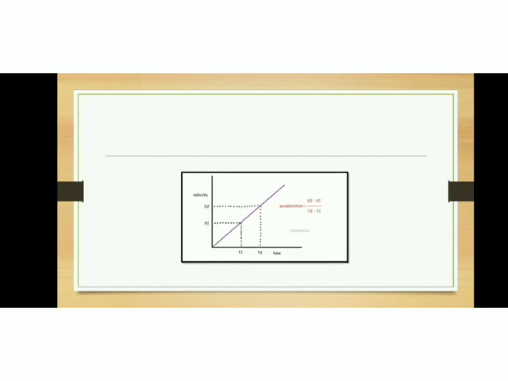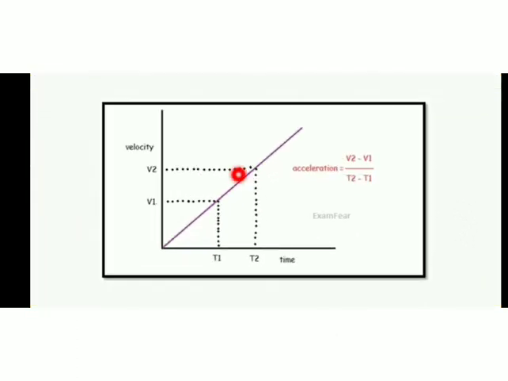Now, we had studied that the slope of the distance-time graph gives us speed. Similarly, the slope of the velocity-time graph gives us another physical quantity. What is it? Let's look at this graph. You know how to take the slope.